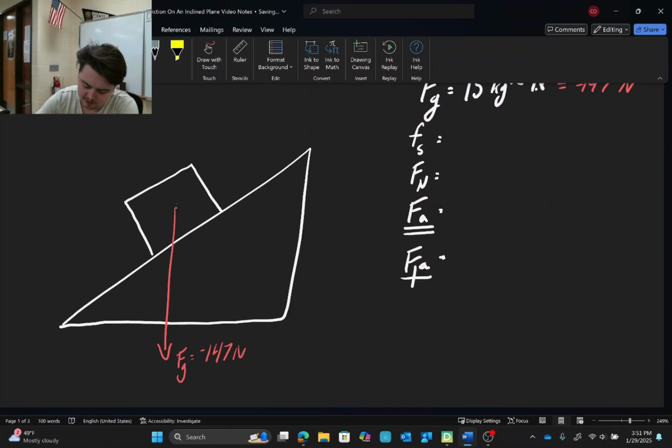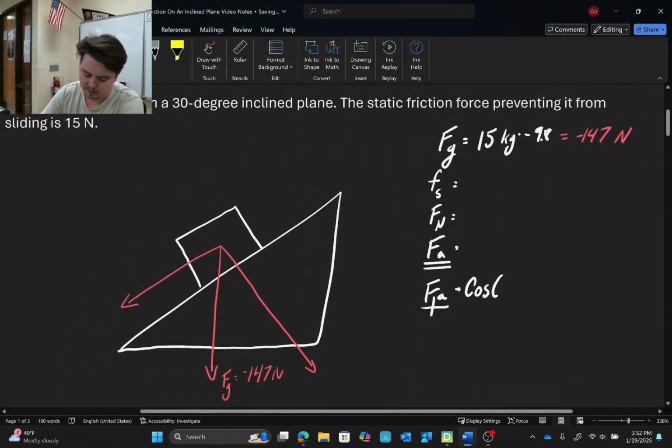Now, we have to find our component forces here. The force that is going perpendicular into the body and the force that is going parallel down the ramp. So for the perpendicular force, we are going to use cosine of theta, and theta for us is going to be 30 degrees.